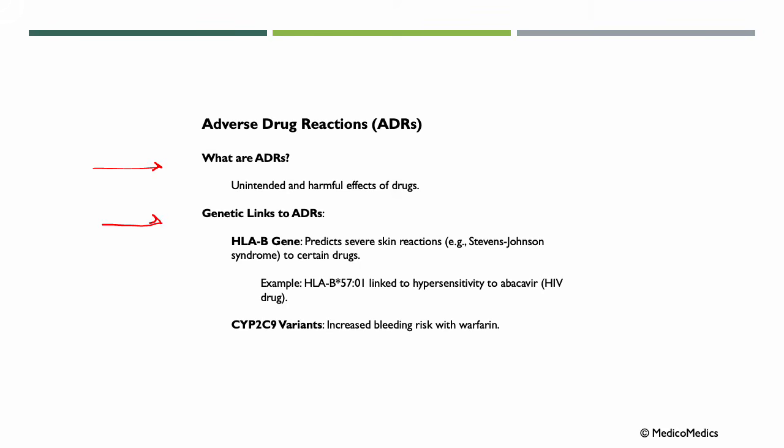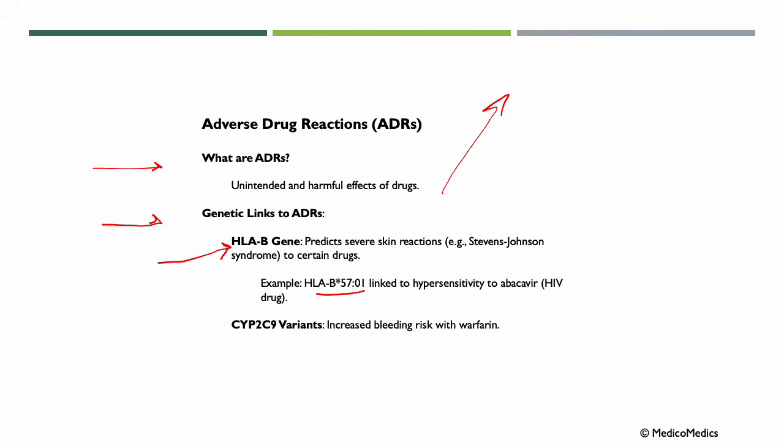So certain genetic variations affect how individuals metabolize, respond to, or tolerate drugs, leading to a higher risk of these adverse drug reactions. For example, the HLA-B gene, which plays a key role in our immune system recognition, has some variants that predict hypersensitivity reactions.